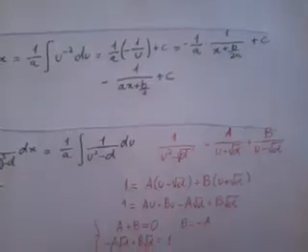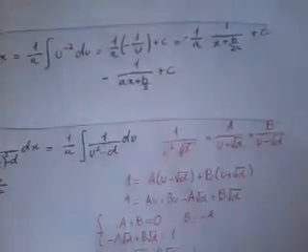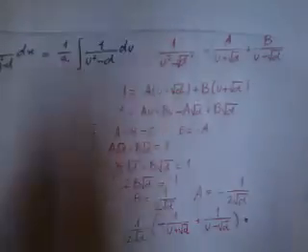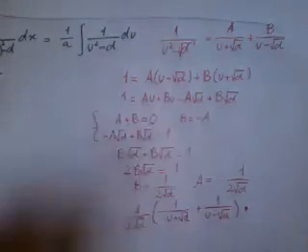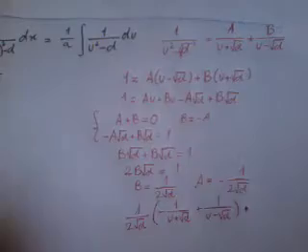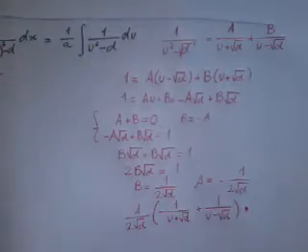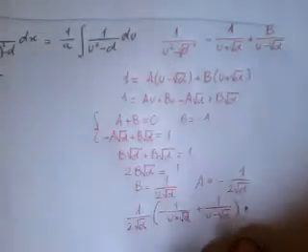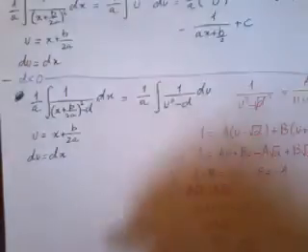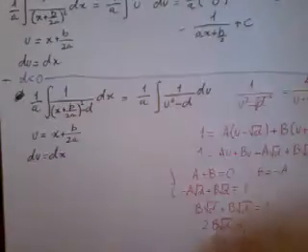Oh, sorry, I was just going to add plus c. This is a long one, so this is how it turned out. So we'll get back to the original one.